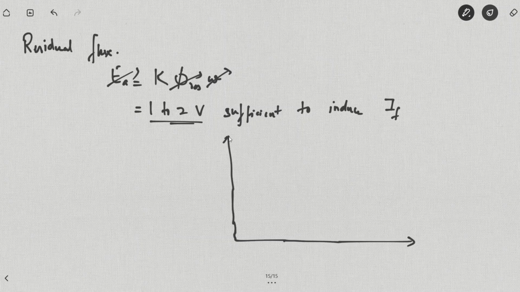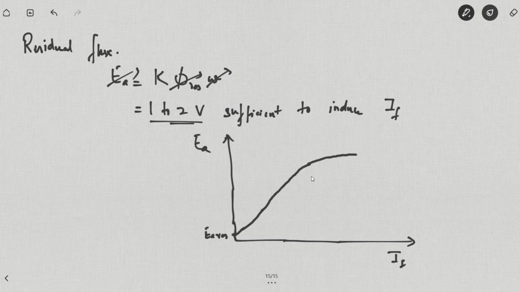So in other words, if we plot the EA versus IF graph first, there is a small residual magnetism because of which a residual EA is produced, and this flux will keep increasing. As soon as the field current increases, EA will increase until flux saturation occurs, and then the voltage remains constant.